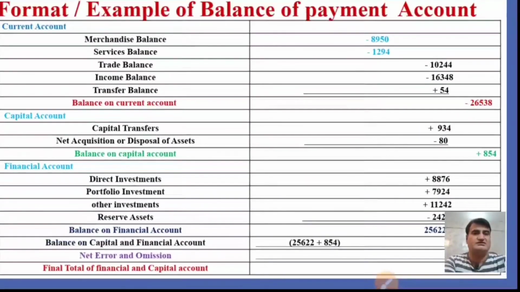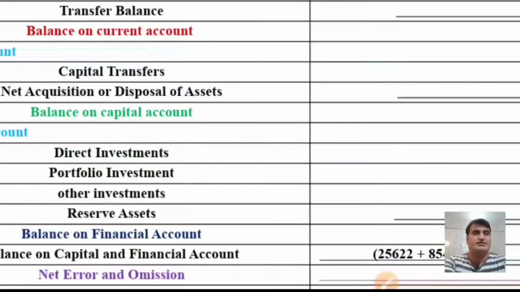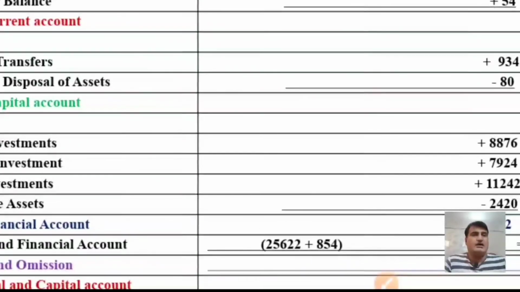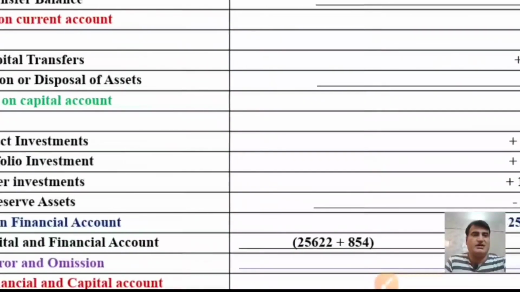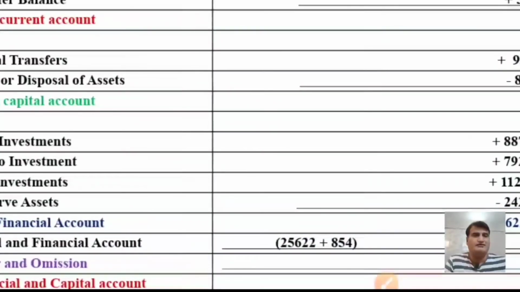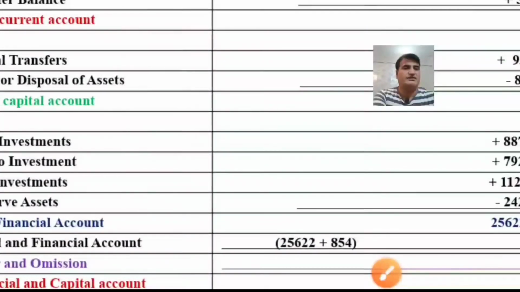Here is the financial account balance, which includes direct investment of $8,876 million, portfolio investment of $7,924 million, and other investment of $11,242 million, whereas the reserve assets are in deficit, $2,420 million. After solving it, the balance on financial account is $25,622 million.